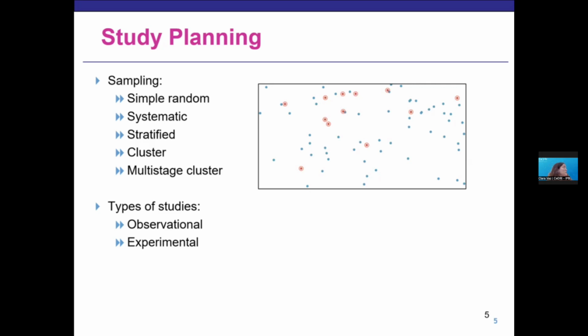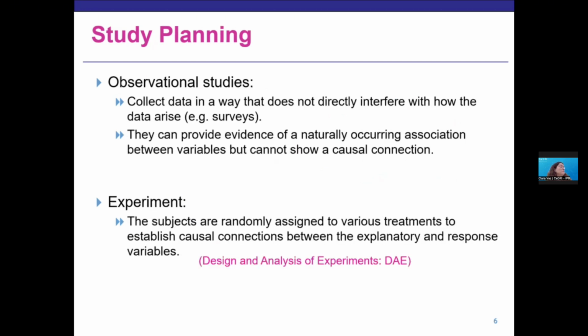On the other side, it is very important to take into account how these data will be collected. We have basically two kinds of studies. The observational studies, in which the decision maker does not have a direct influence on the way in which the data is collected.